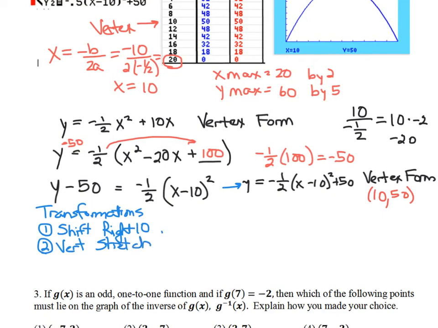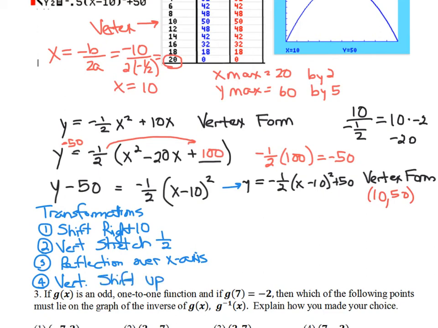Technically it's not going to be a stretch, it's going to be a compression, but I'm doing a vertical stretch of 1/2, multiplying any y coordinate by 1/2. Because of the minus in front of that, that's going to be a reflection over the x-axis. And my last step is going to be a vertical shift. That vertical shift this time is going to be that plus 50, so that means I'm going up 50.